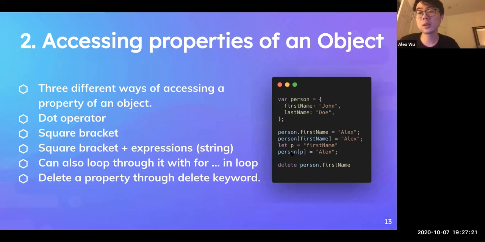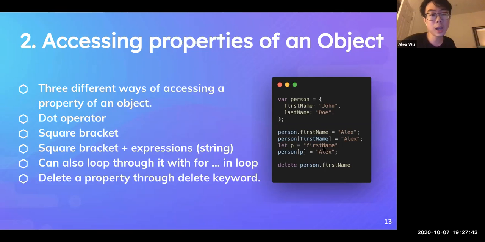This is a pretty useful way of accessing properties of an object, because sometimes properties within an object can be dynamic, and we also want to access them dynamically. This allows us to manipulate the properties of an object by using a string.